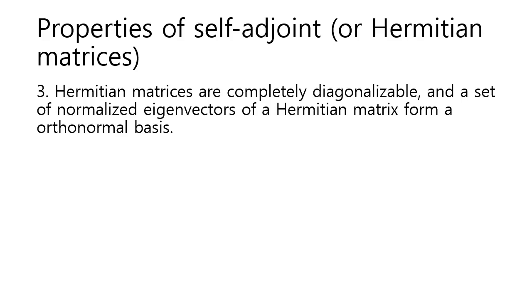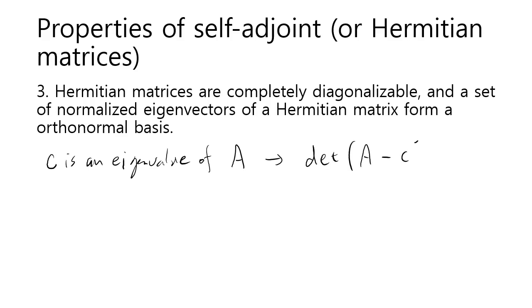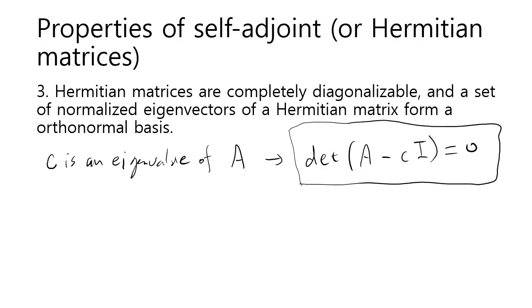First, you have to know that if C is an eigenvalue of matrix A, that means the determinant of A minus C times I is equal to 0. And in fact, if you had a course in linear algebra, this is how you find all the eigenvalues of a given matrix.